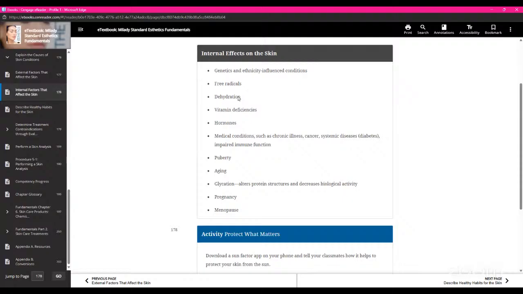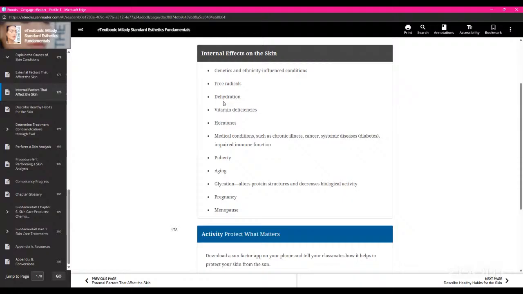Dehydration, okay? And this is the wellness aspect of aesthetics. Everybody should be preaching wellness, all right? And so when we talk about dehydration, remember, it's a lack of water. And so if the skin goes dry, then aging sets in, okay?